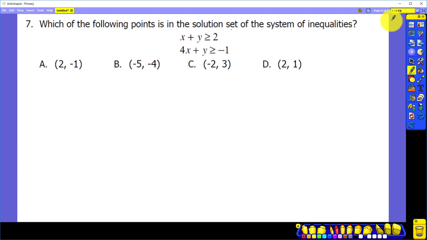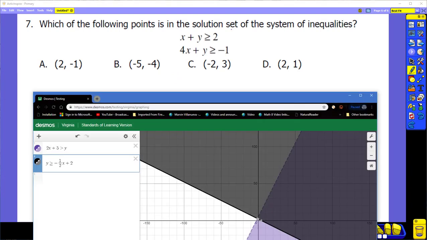Alright, and finally question number 7. Okay, so again, we just have to plug in our point to our system. Once you're done, you can verify your answer. Alright, so this time I'm going to use my Desmos.